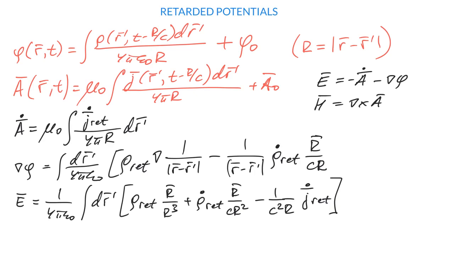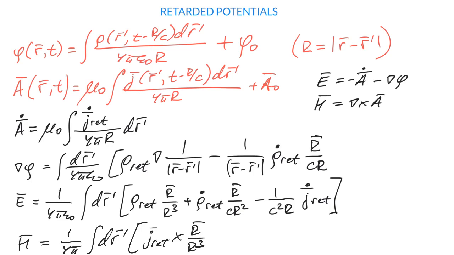The magnetic field can also be written in a similar form. So I have 1 over 4 pi integral dr prime. And here I have two terms. There's j retarded crossed with R over R cubed. That's the static-like term, although j is retarded.